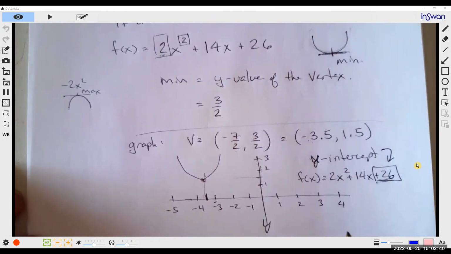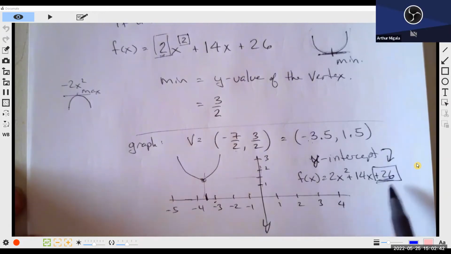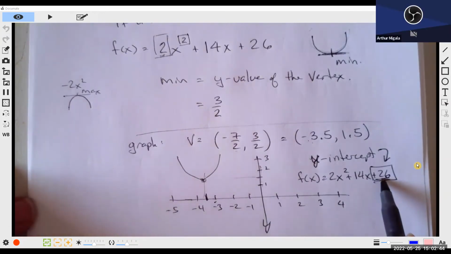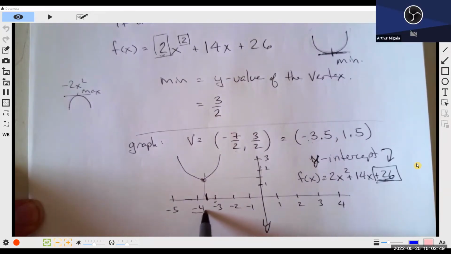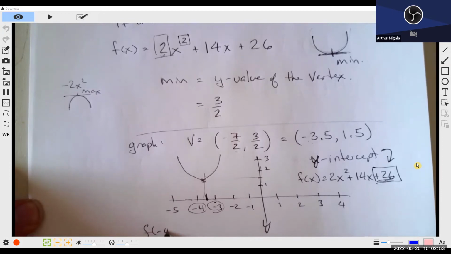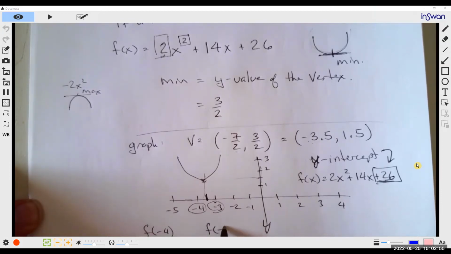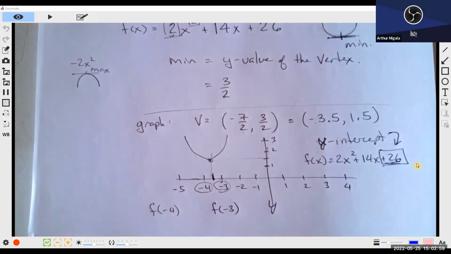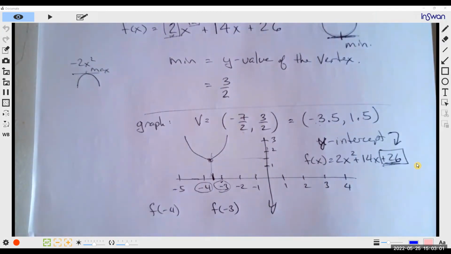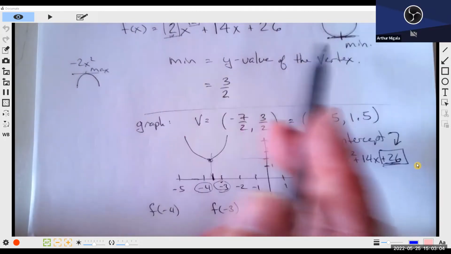But that's pretty far up there. Yes. So what you could do is take -4 and -3 and plug those into the equation and work it out, and it should give you some solid numbers, because there are no decimals or fractions anywhere.